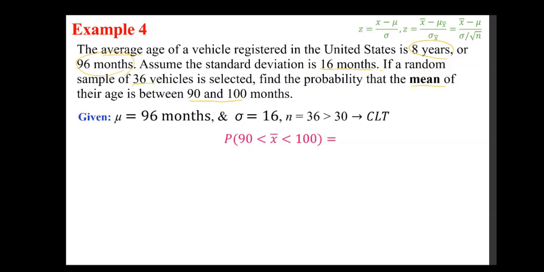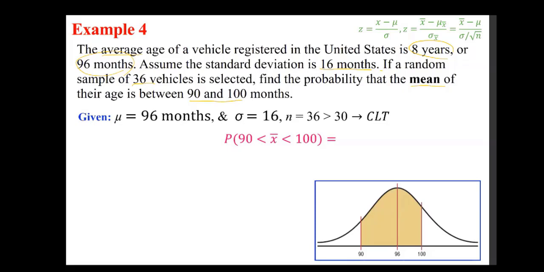So with that being the case, we have to use the z-score. Z is X bar minus mu over sigma over square root of N. So for X being 90, we calculate the z-score. For X being 100, we calculate the z-score for both cases. So again, this would be the graph, and I would stick with the z as far as graphing, because from the z, you go to the table.